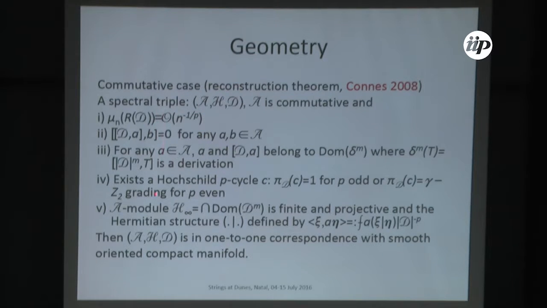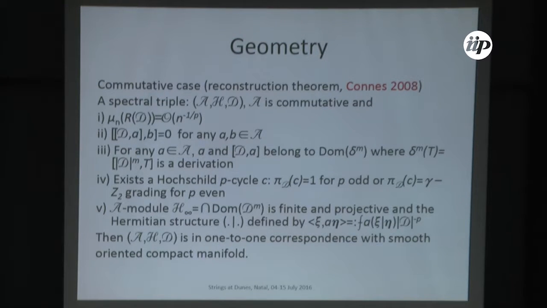These five things are very formal, so I will not even talk about them. They look like axioms, but essentially you prove those axioms in the Riemannian case, and after that you postulate them as axioms, as usual.